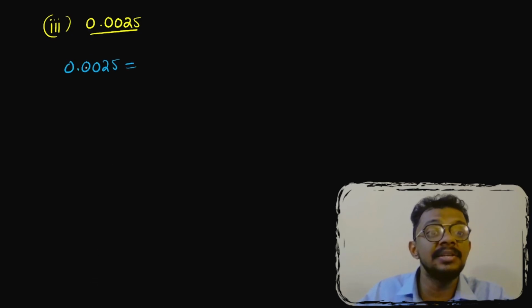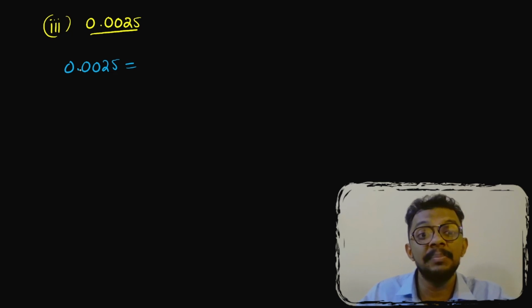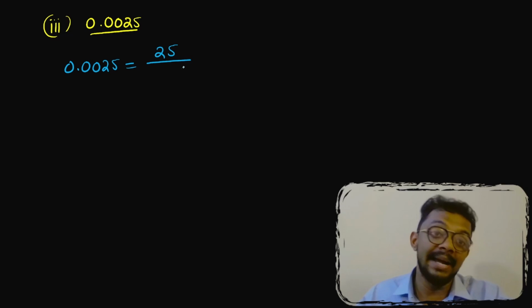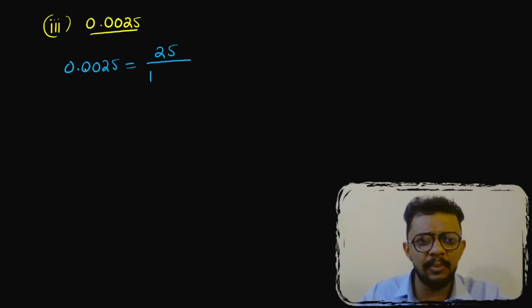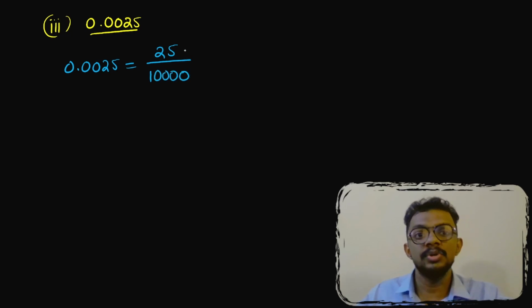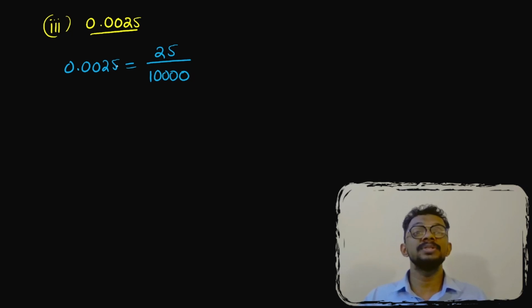If I ignore all the decimal part, this number is 0025 or just 25, divided by... After the decimal, how many digits are there? 1, 2, 3, 4. So 4 zeros. So 25 divided by 10,000 is this number.